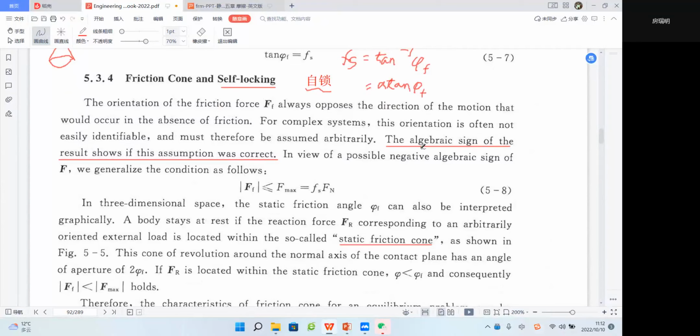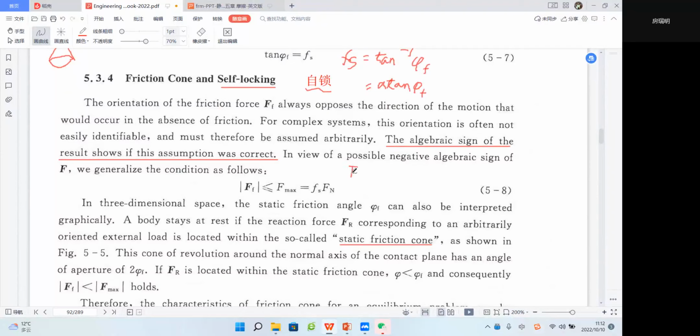Then the algebraic sign of the result shows if the assumption was correct. So maybe through your force analysis, you assume that FF will be along some direction.